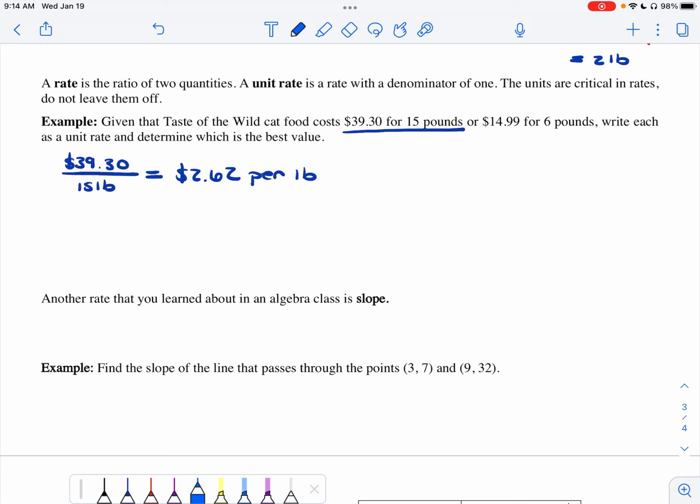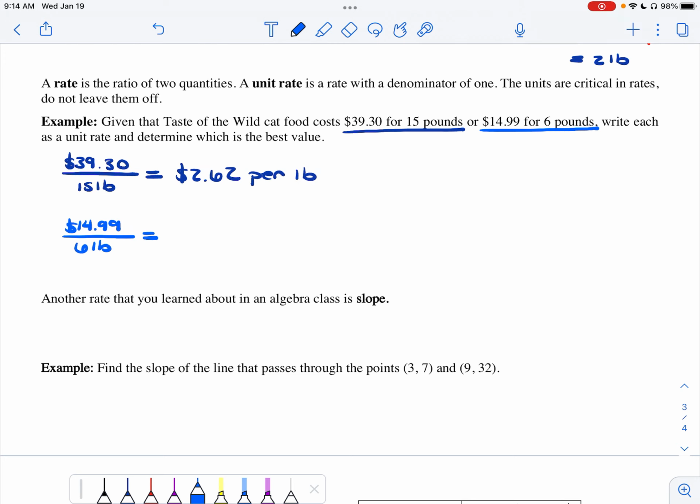Now, in order to compare that to the 6-pound bag, we're going to do the same thing. We're going to convert it to a unit rate. So again, we're just going to divide 14.99 divided by 6 pounds.